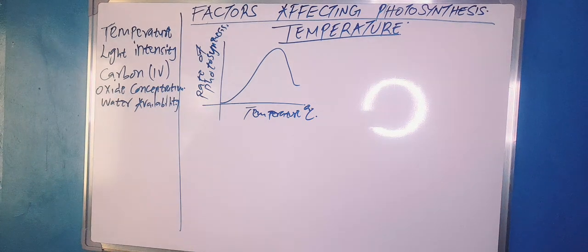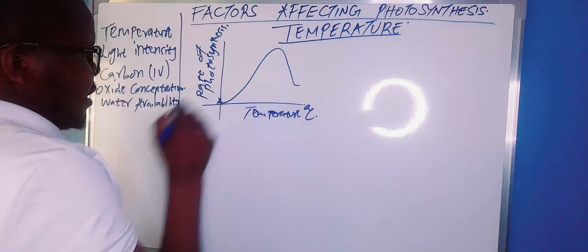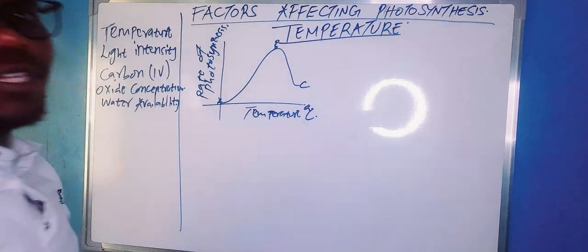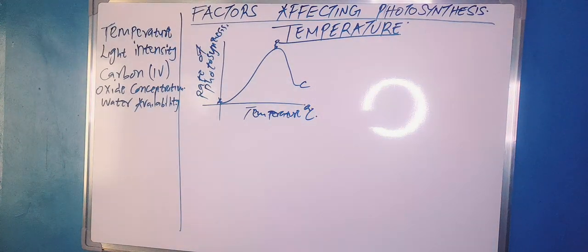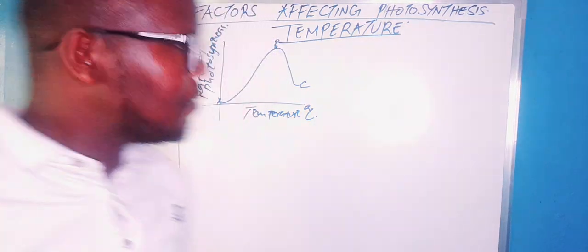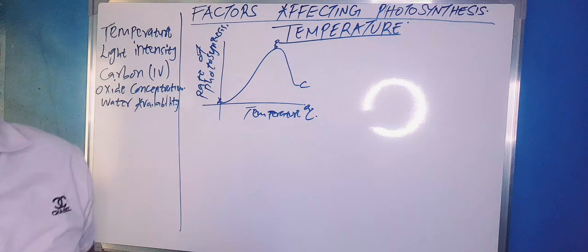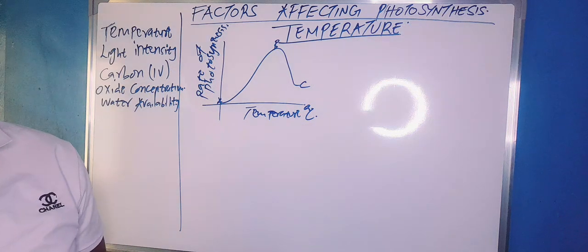Let's explain. We can have point A, point B, and point C. You can be given a graphical question of 20 marks to explain how temperature can affect. This factor alone can qualify to be a graph question of 20 marks.